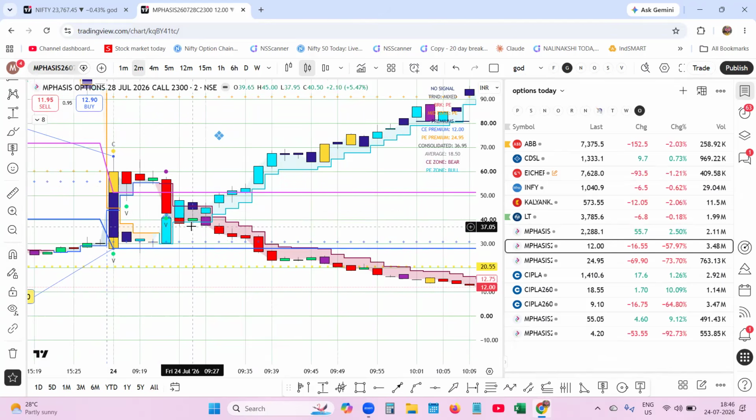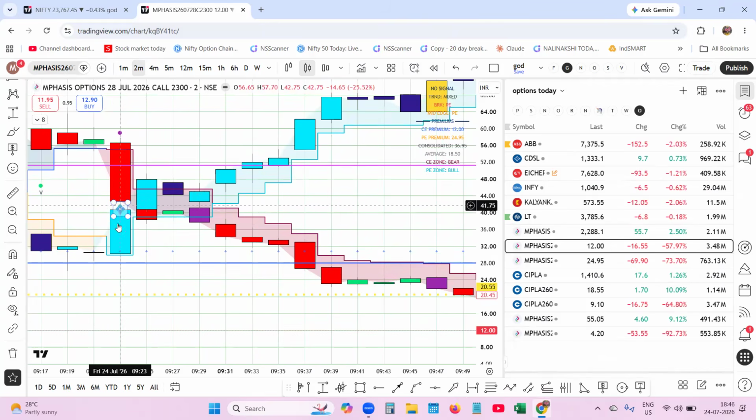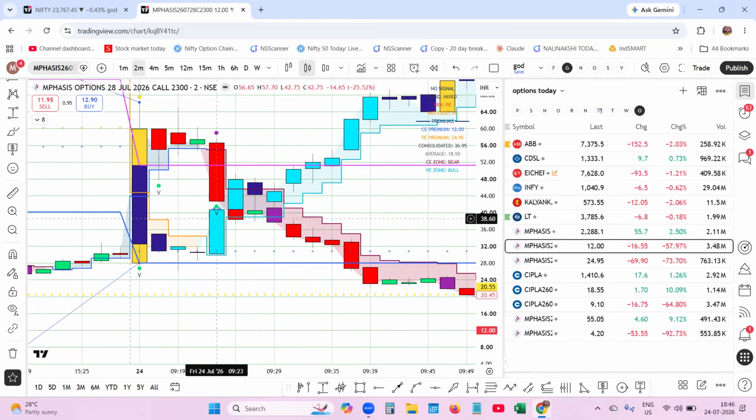This is the pressure cooker setup. And I'm not going to trade this pressure cooker setup even though I see the engulfing candle. I'm seeing for the higher high. This is higher high. After the higher high, pull back. After the higher high, they are pulling back together.